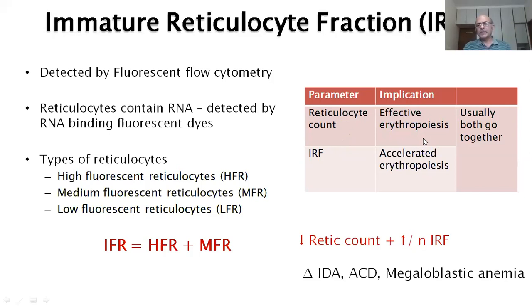To give you an example, if you have a patient who has hemolytic anemia, but in addition has iron deficiency anemia or vitamin B12 deficiency, despite the fact he has got hemolysis, reticulocyte count may not increase much because erythropoiesis is not effective. In this situation, an immature reticulocyte fraction will confirm that this patient has hemolysis because it is a parameter not just of effective, it is a parameter of accelerated erythropoiesis. So a situation where reticulocyte count is low, but you have normal or increased immature reticulocyte fraction is seen especially in patients with iron deficiency anemia and megaloblastic anemia.